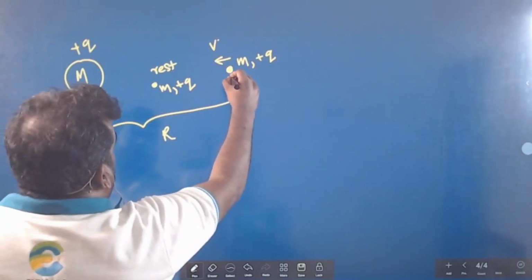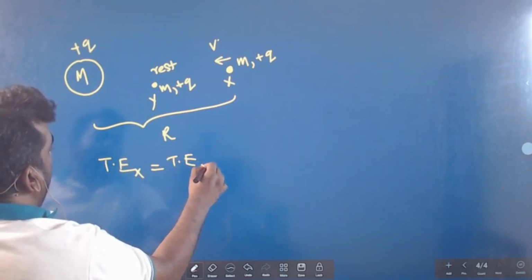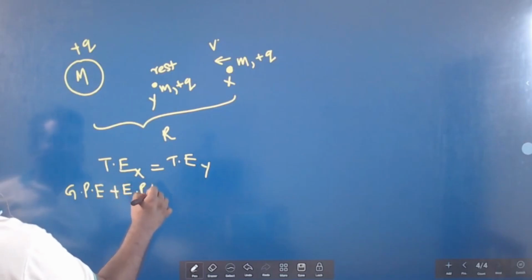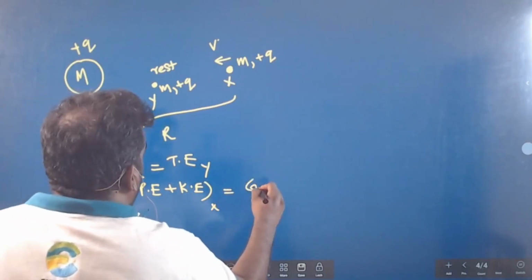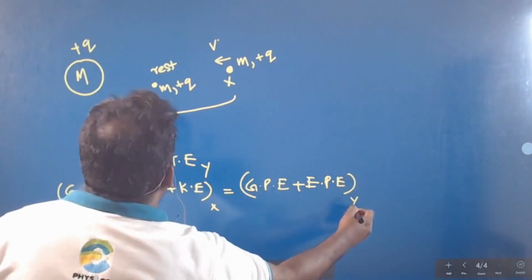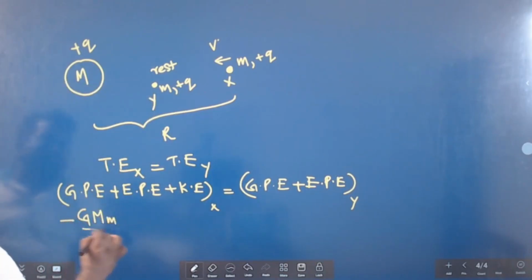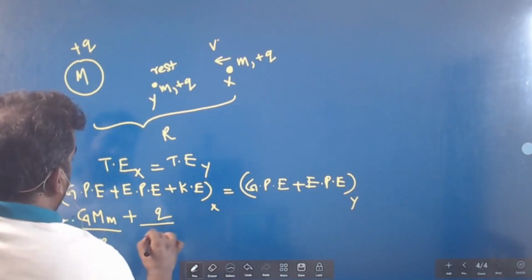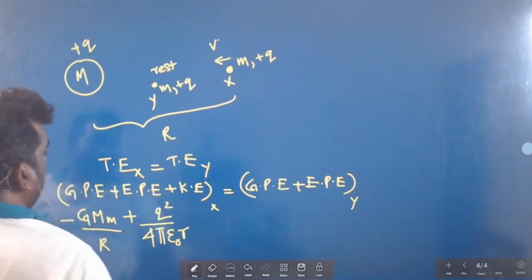So let me apply X to Y. Total energy at X equals total energy at Y. Gravitational potential energy, electrical potential energy, kinetic energy at X equals gravitational potential energy plus electric potential energy at Y. So minus capital G, capital M, simple m over R. Electric potential energy is Q divided by 4 pi epsilon naught R multiplied by the charge there.